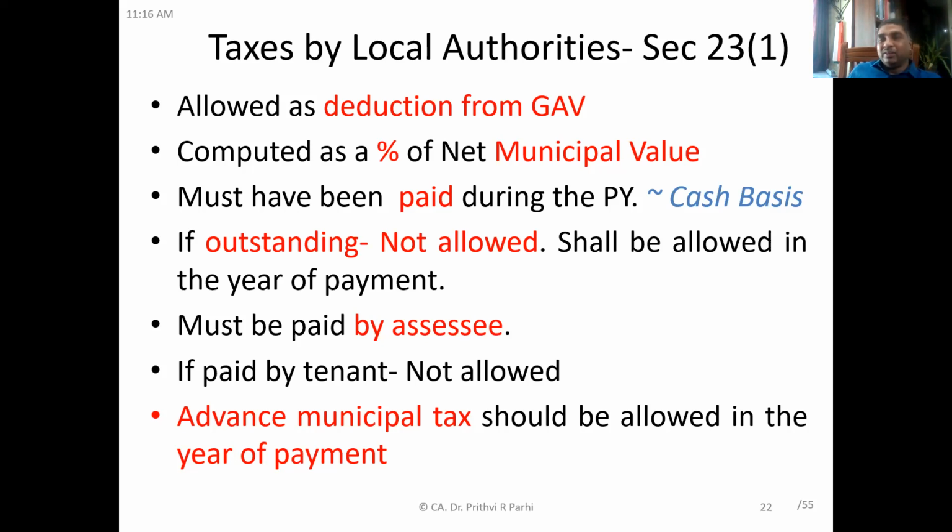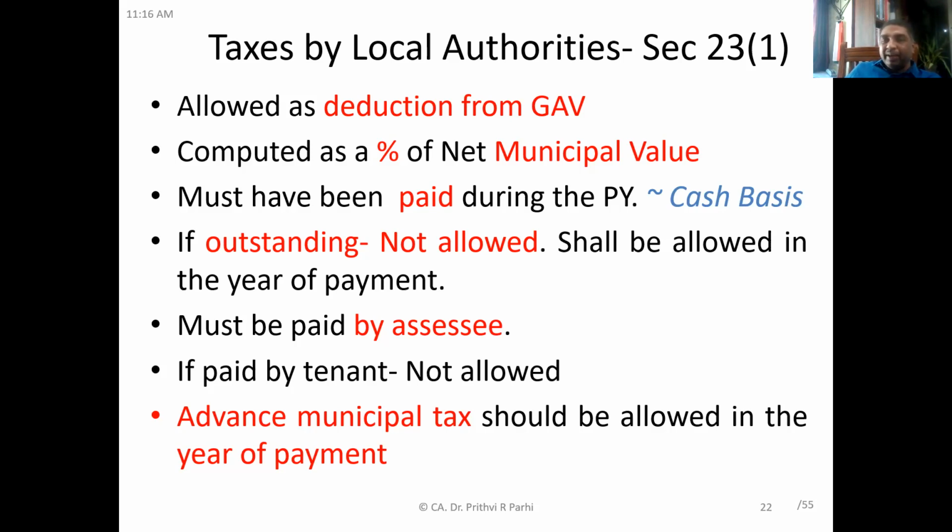You cannot book it in your books of account and say it is payable. It is still my expenditure, but that will not be allowed. If outstanding, it is not allowed, but it shall be allowed in the year of payment.